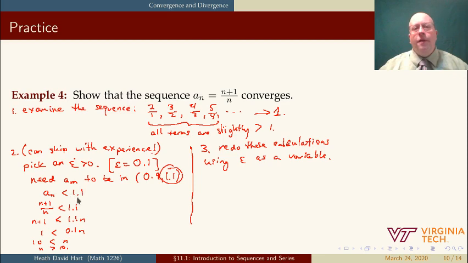So this was 1 plus epsilon. So I will need a sub n to be less than 1 plus epsilon. So n plus 1 over n is less than 1 plus epsilon. n plus 1 is less than 1 plus epsilon times n, which is equal to n plus epsilon n.